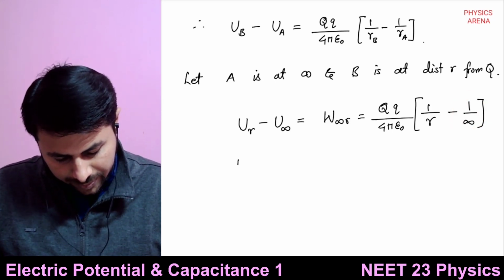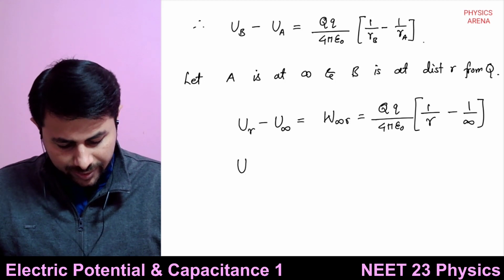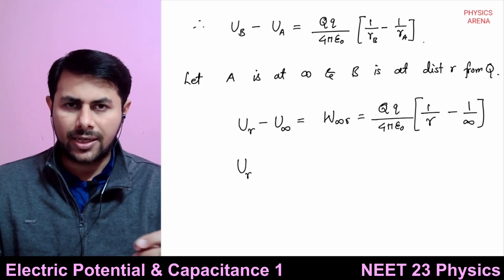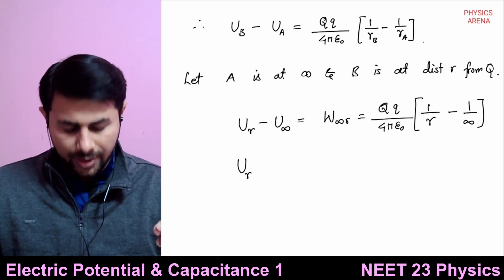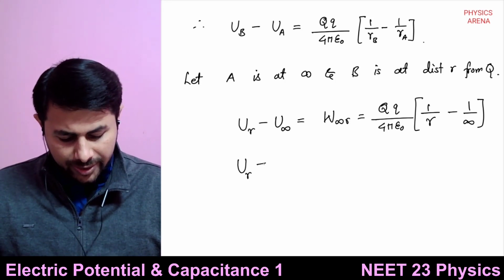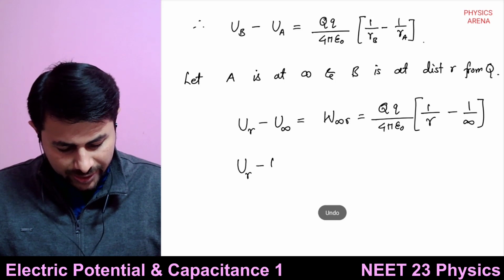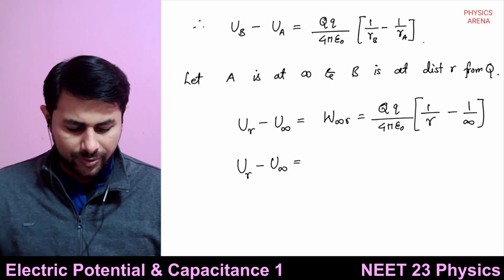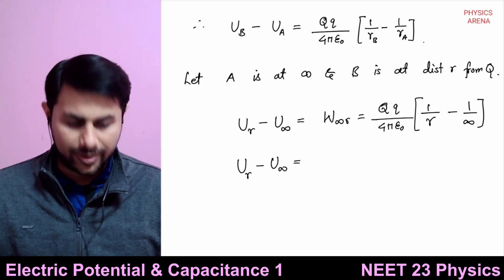So we get the potential energy at distance r. That means when the separation between two charges is r, the potential energy minus the potential energy at infinity is equal to the work done to bring the charge from infinity to r.